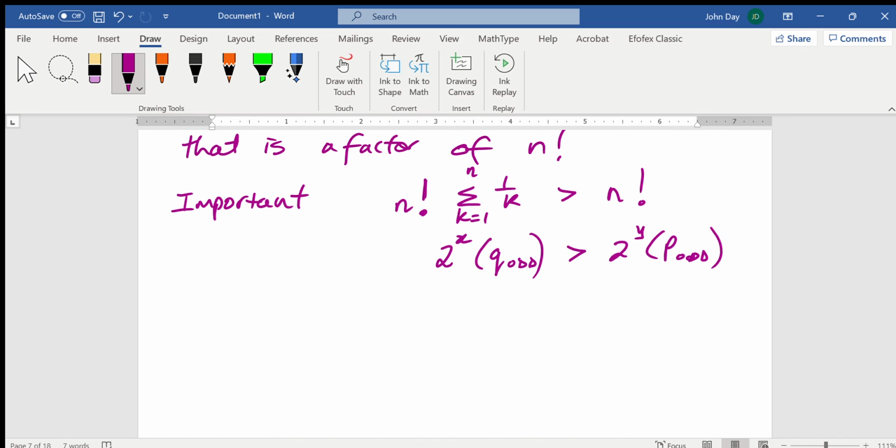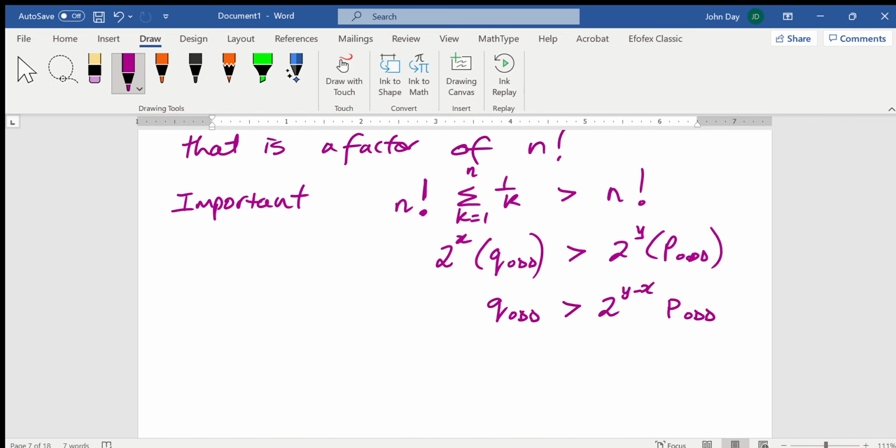So what does that mean for us? Well, if we gather together the powers of 2, we've got this q, which is the odd number, is actually bigger than 2 to the y minus x times p, which is an odd number.